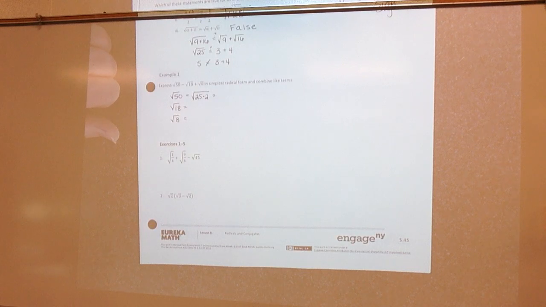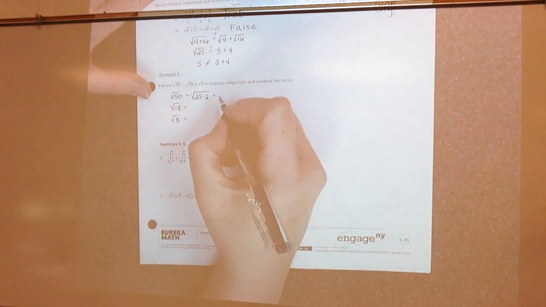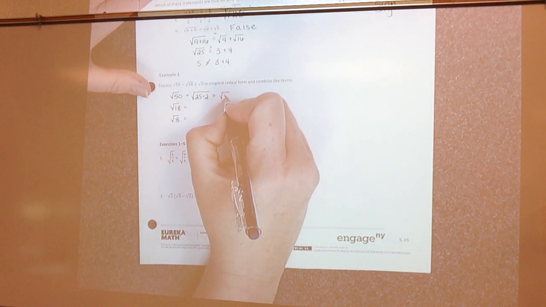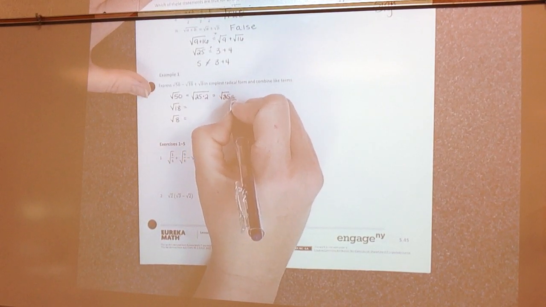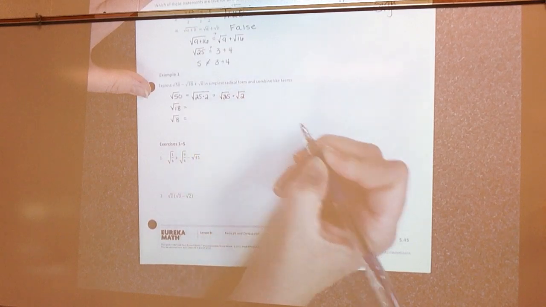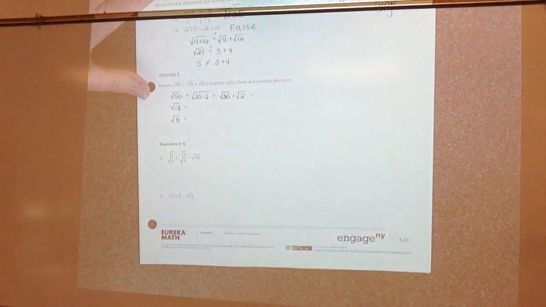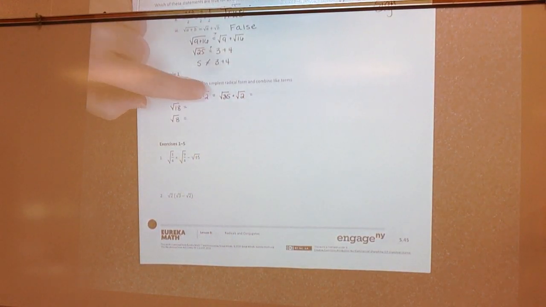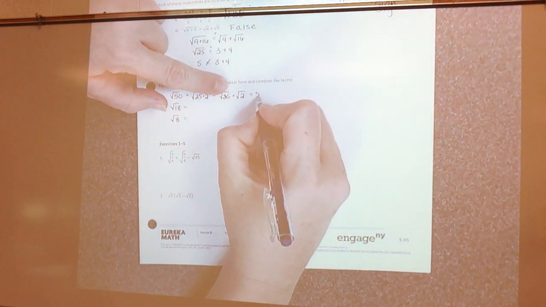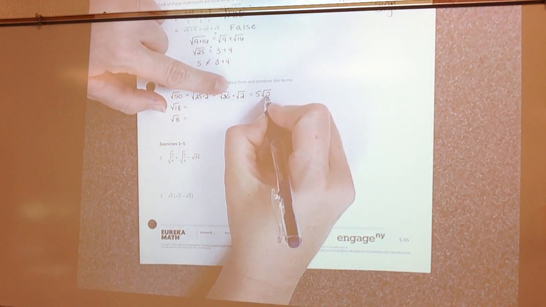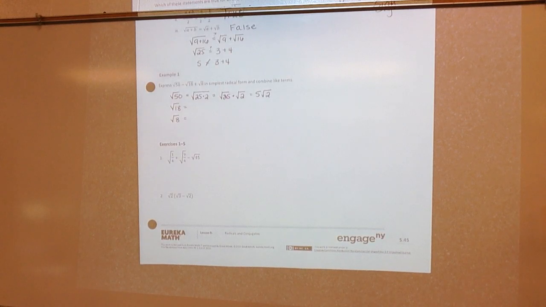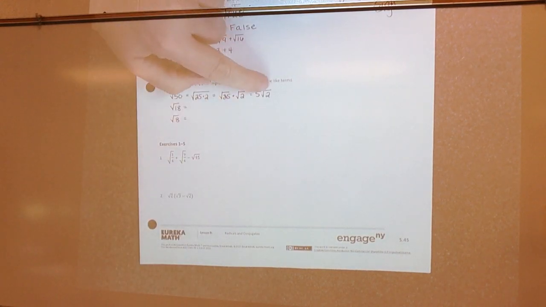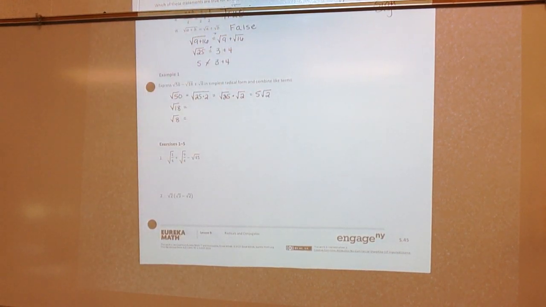Now remember, I can break this up as the square root of 25 times the square root of 2. The square root of 25 is 5, and the square root of 2 cannot be broken down anymore. So this is what I end up with: 5 square root of 2.